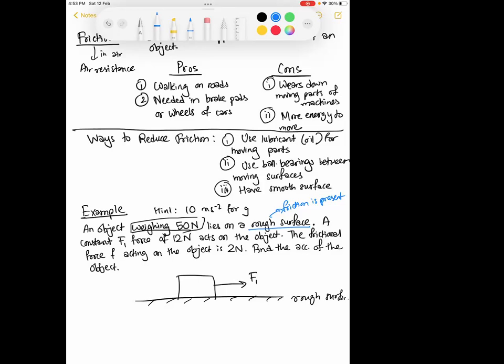Is it 2? Yes, meter per second square. So I'm quickly going to finish this myself as well.